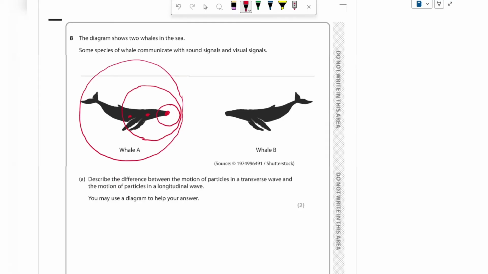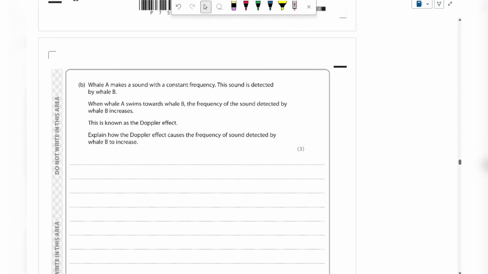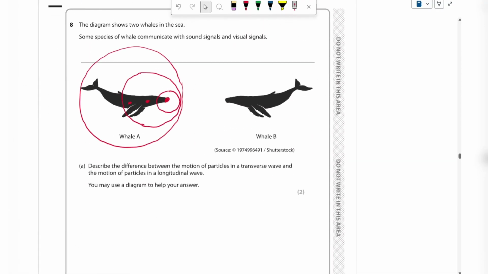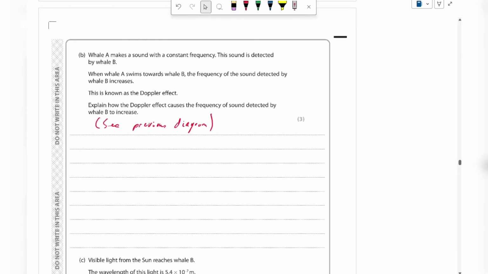So that's what you have to try and explain, which is tricky. I'd actually be tempted to leave something like that on my answer and write 'see previous diagram'. At least I can then tell the examiner I do know what I'm talking about. But anyway, let's try and get some marks. So the wavefronts get closer together in the direction that we're talking about.